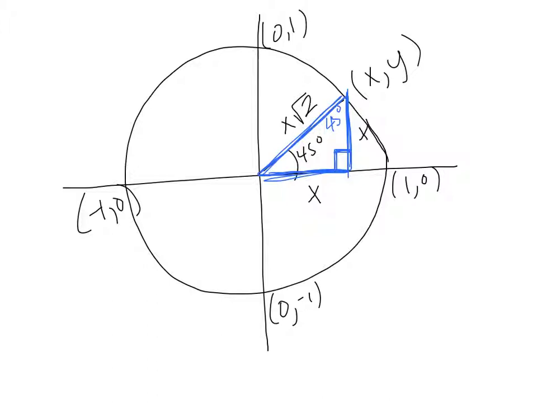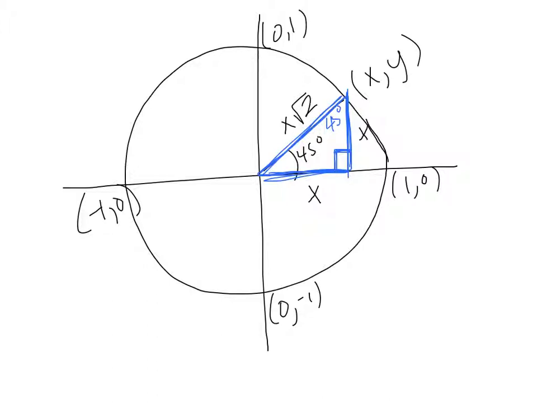So if I drop down some legs there, and I've got my hypotenuse, which part is the hypotenuse? Alongside the x square root 2. The hypotenuse of that triangle is the blank of my circle.